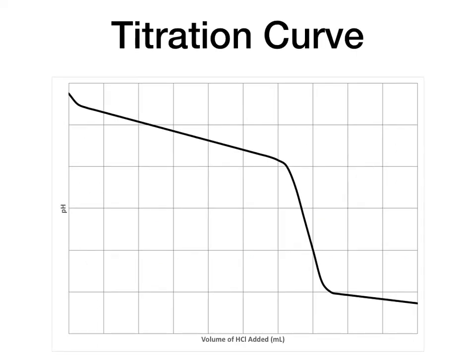So this is our titration curve. Remember, we talked about how the pH is of the solution, and the volume of HCl added is what is from our burette. In our case, we have our burette that contains HCl, and we have our flask that contains our sodium acetate.